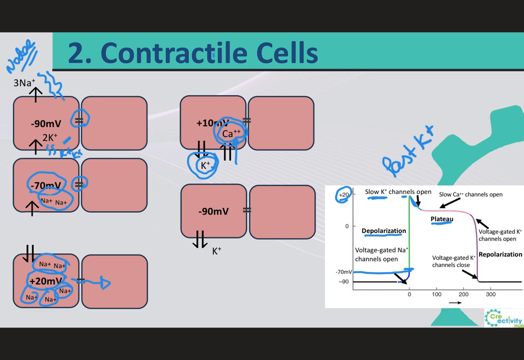But calcium channels actually close very quickly, and the potassium channels remain open. So the potassium will continue to come out, making the inside of the cell less positive. And it will do this until it reaches, again, the minus 90 millivolts.